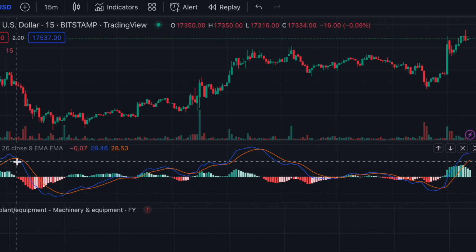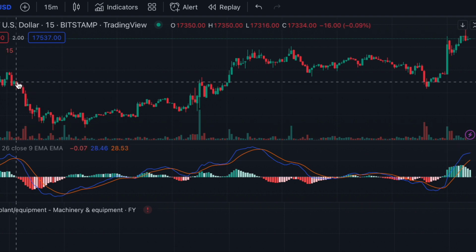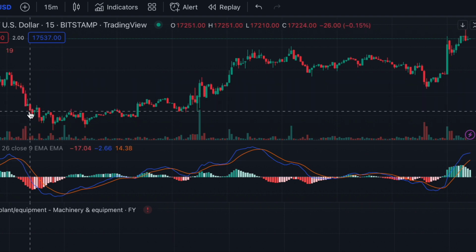And as you can see here, the MACD line falls below the signal line, and we have a price decrease in Bitcoin, a sell-off in Bitcoin.